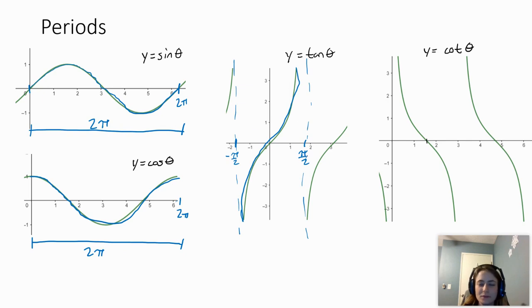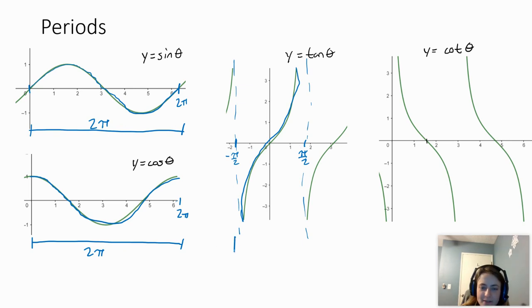If we were to find that in decimals, pi/2 is about 1.57, so it's in between 1 and 2.